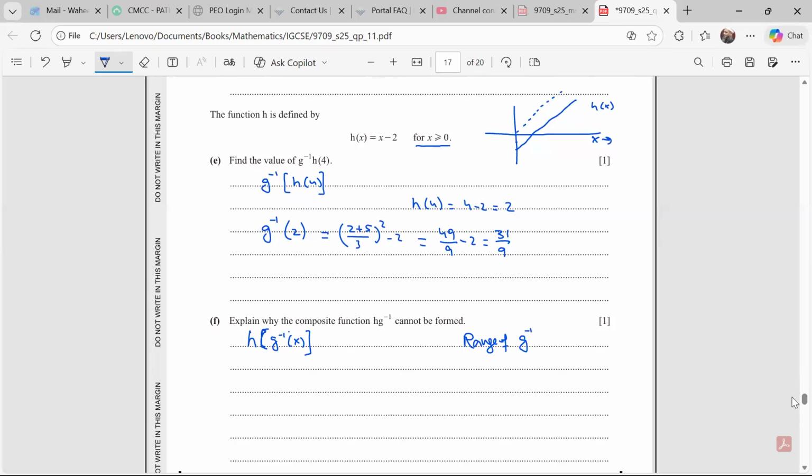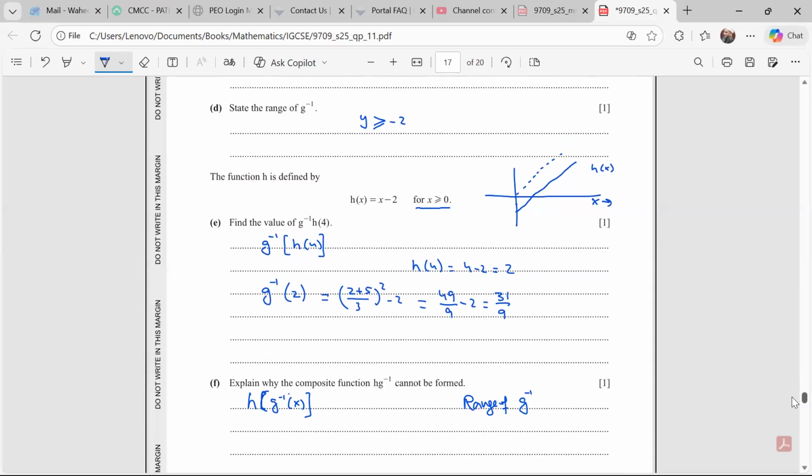We talked about it. The range of g inverse is y more than minus 2.